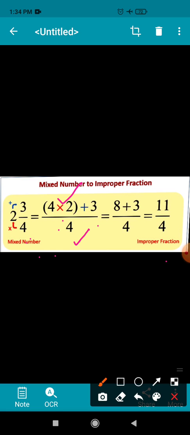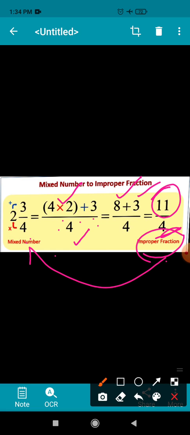When we solve 4 into 2, it becomes 8, plus 3, it becomes 11. And 11 by 4 is the improper fraction of this mixed fraction. Children, hope you all have understood this method of converting a mixed fraction into an improper fraction.